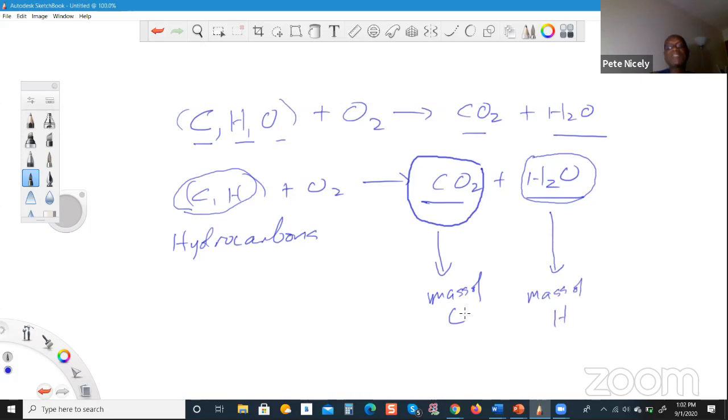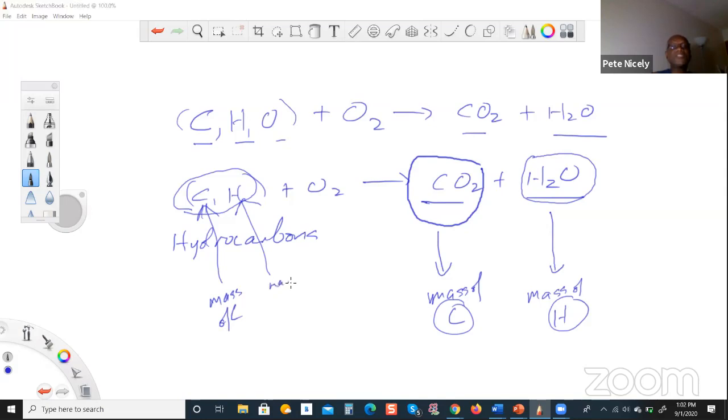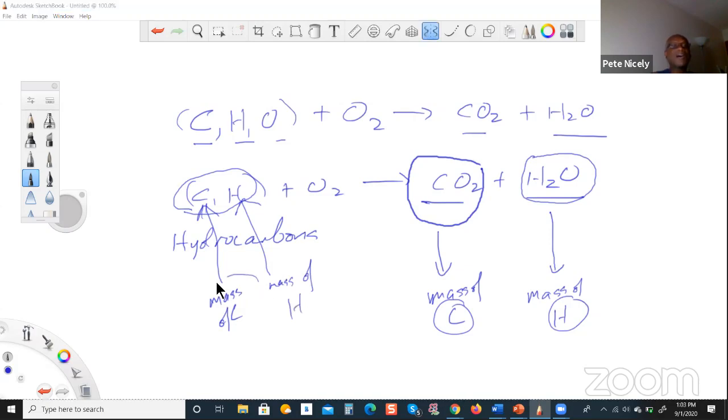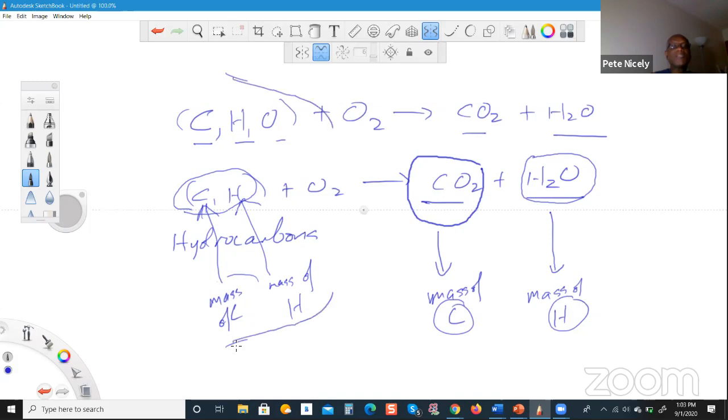And the mass of carbon and the mass of hydrogen here will be the same as the mass of carbon and the mass of hydrogen in the original compound, all right? Once we determine these masses, then we can determine the empirical formula for the compound, all right? And we're going to see an example of this shortly.